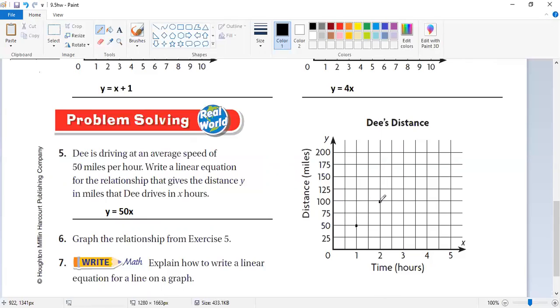In 3 hours, how much will she drive? 50 multiplied by 3. Put 3 in place of x, so that's going to give you 150. Then for 4 hours, how much will she be driving? 4 multiplied by 50 will give you 200. So that's all we can graph for this graph. So let's join. It's going to be a straight line.